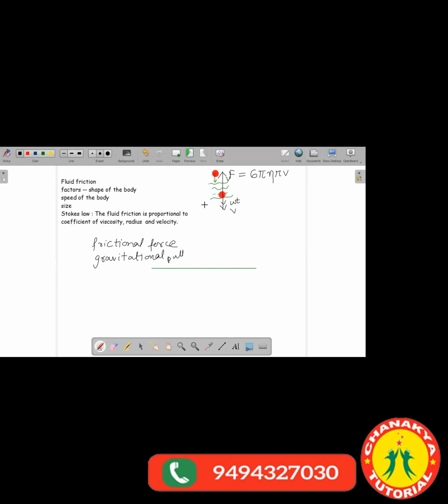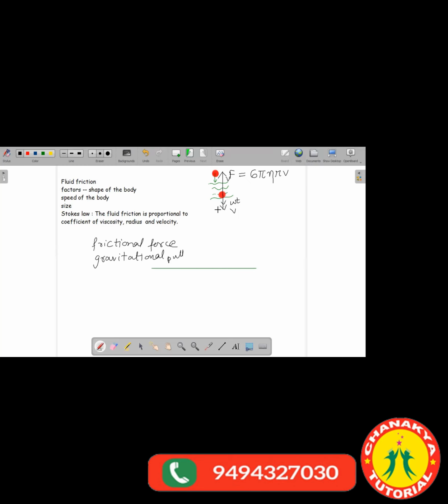You can observe something similar to this. Suppose you are cycling and a fast wind is blowing opposite to you, so you will experience a greater amount of frictional force to cross that air. A similar thing happens here also.